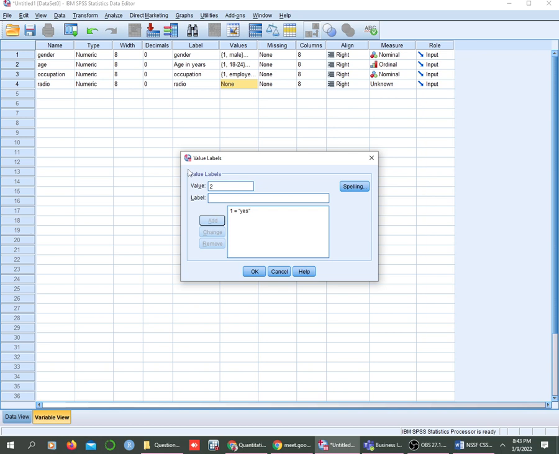For those who are doing economics, if you have been to an economics class, you will understand the concept behind a dummy. You can say the user of a platform is the one we're interested in, and the person who doesn't use a platform we make a dummy by representing the value of zero. Anyway, we say two is for no, and then you add.